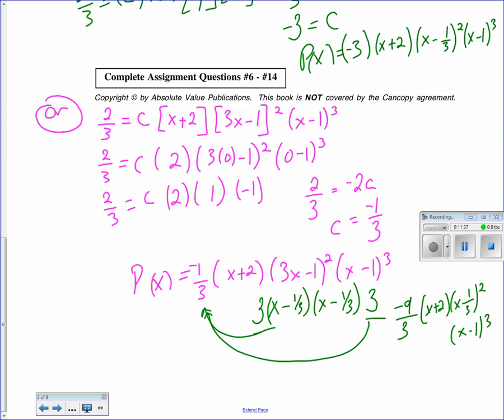My answer would be the same. Negative 9/3 is the same as negative 3. This is the better answer. This is the better answer because I need to write it as integral factors. So this is the better answer. Just good to have talked through factors being written in two forms.